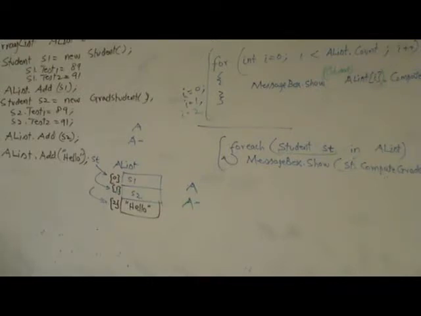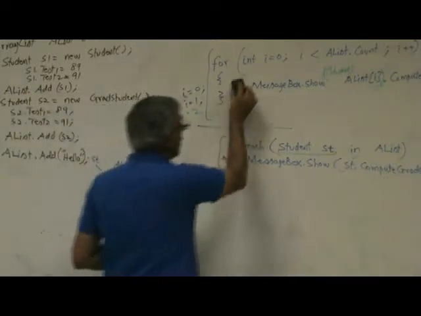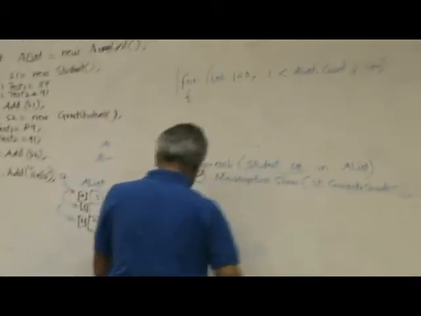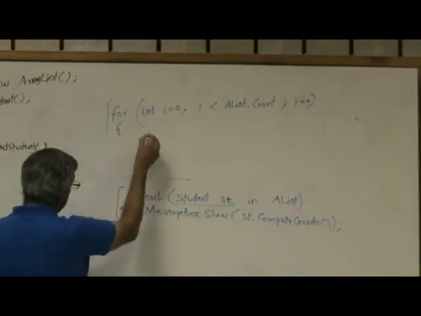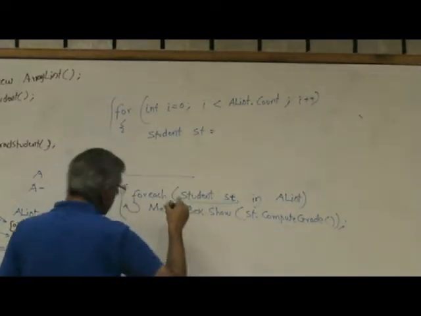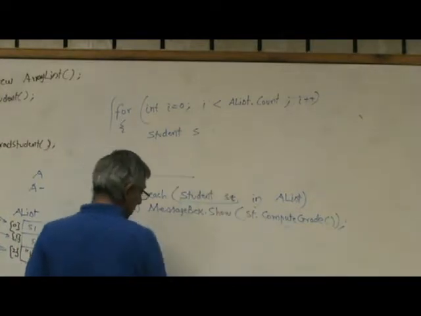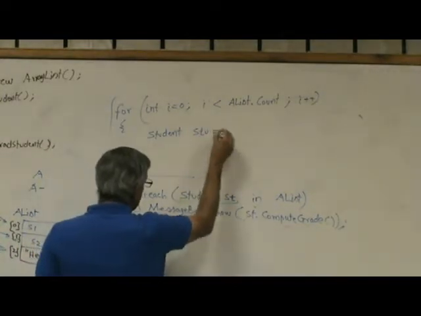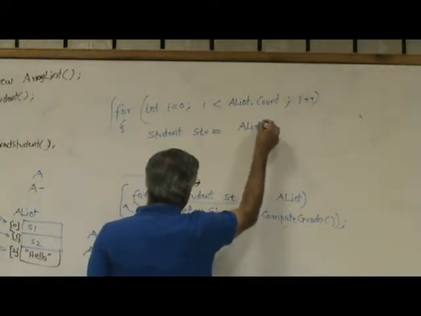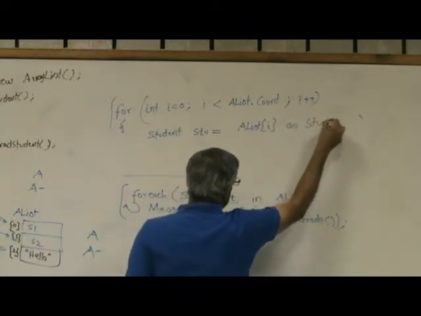So in both cases, we have to check before we blindly either typecast it or try to call a method on it, okay? So the proper technique in both cases will look something like this. Here you can do student STU, let me call it STU so that you don't get confused, equal to A list of I as student.